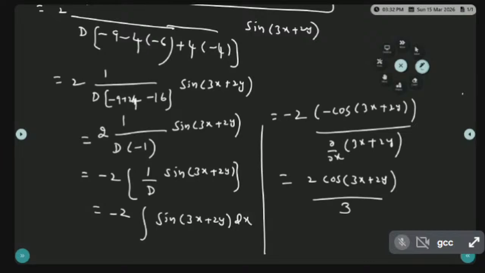Everybody concentrate. Next, solve. Have you finished?